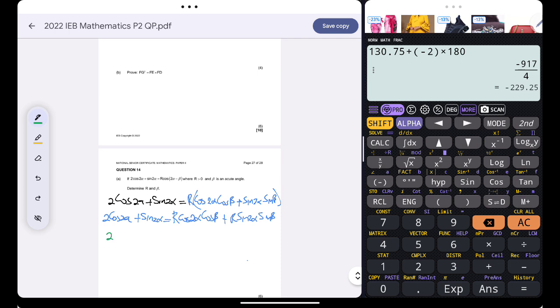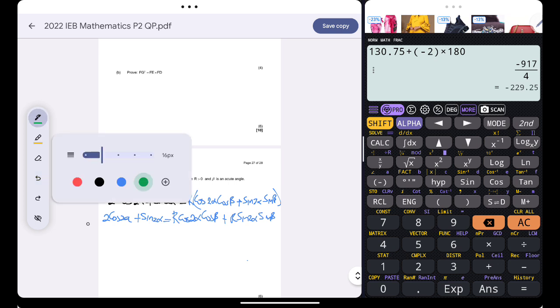Simply means that 2 cos 2a is equal to r cos 2a multiplied by cos beta. Are you together? And let me just write so that everything will fit.